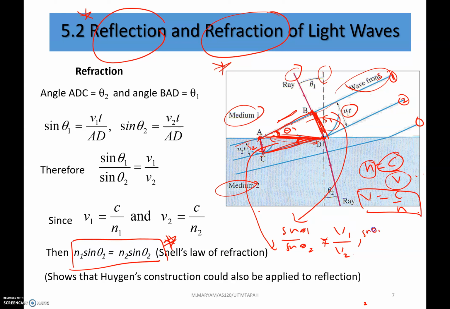I'll get sine theta 1 over sine theta 2 is equivalent to C over N1 divided by C over N2. Again, I will simplify this equation.